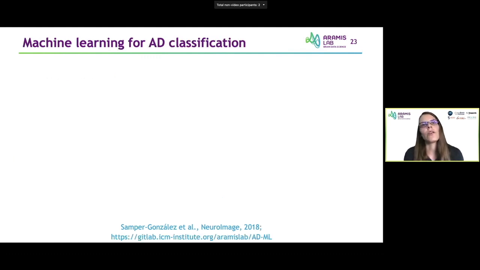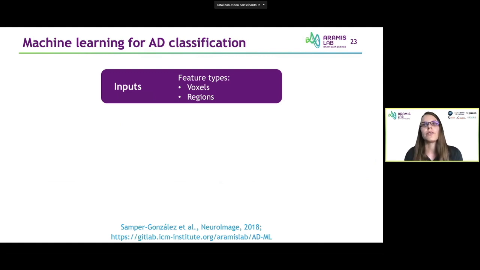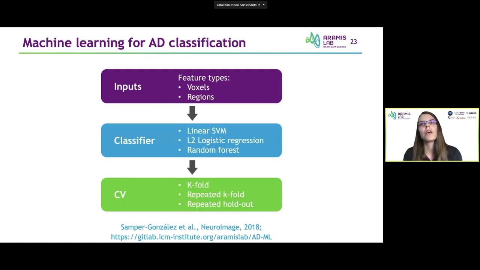Now that we have all the ingredients of our analysis pipelines, we can really study how the choices you make in terms of, for example, features, classifier, or cross-validation impact the classification performance.